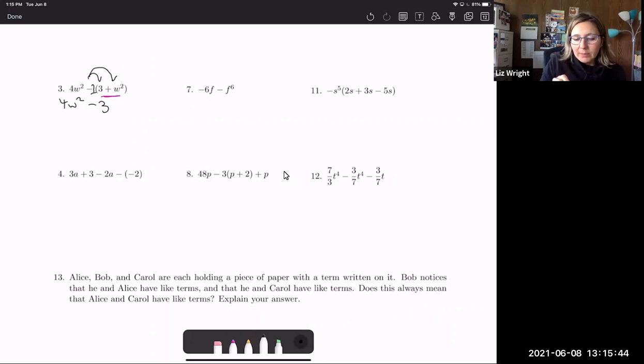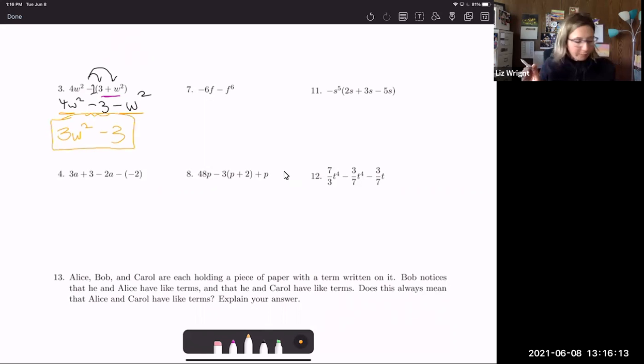And then -1 times a positive w squared is minus w squared. Now I look at that expression to see what I can combine, and let's put our answer in alpha descending order. We have the 4w squared and the -w squared. So 4w squared minus 1w squared gives me 3w squared. And then finally, I've got this -3 by itself. And that's your final answer for that one.